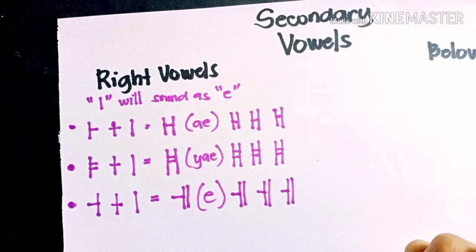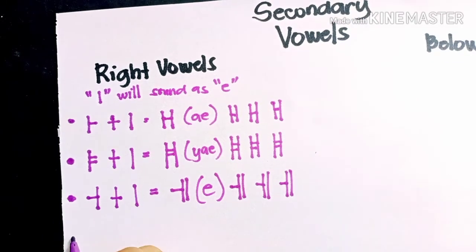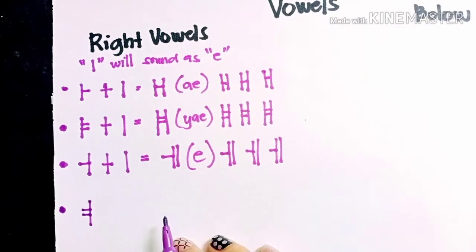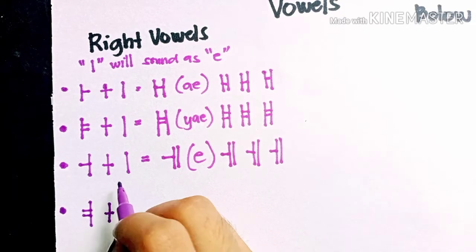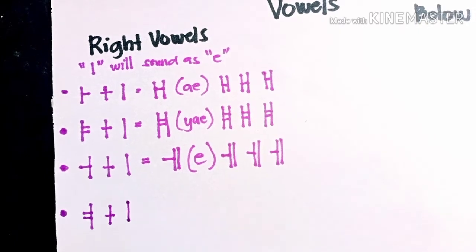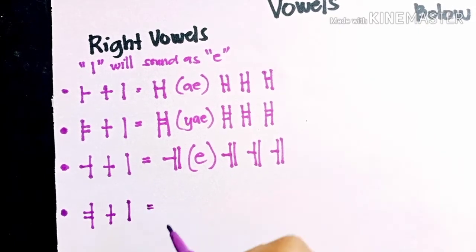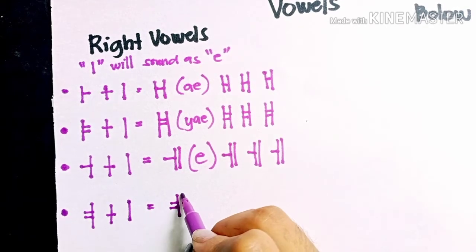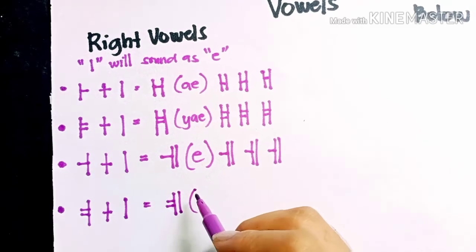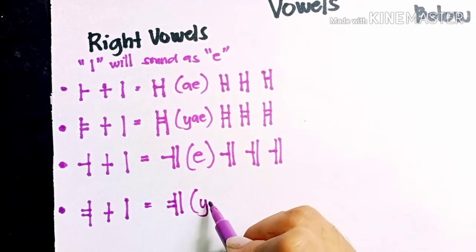So, the last right vowel in the secondary vowels is the combination of the vowel Yo and the vowel E. It will become Ye.